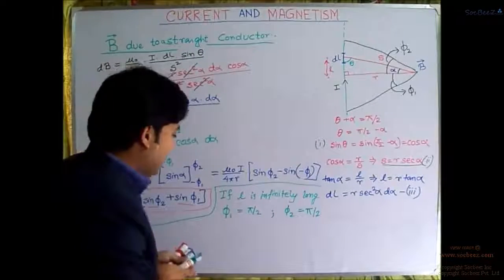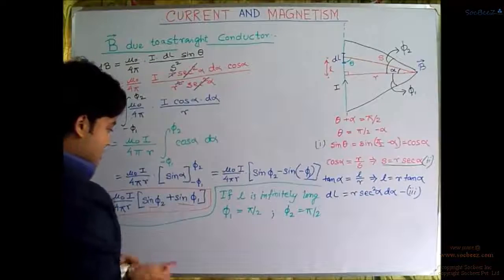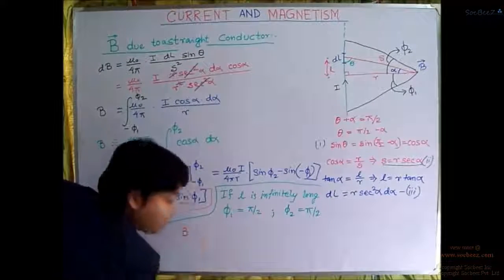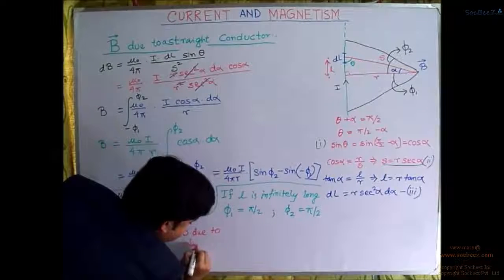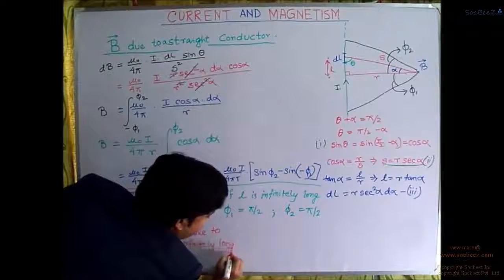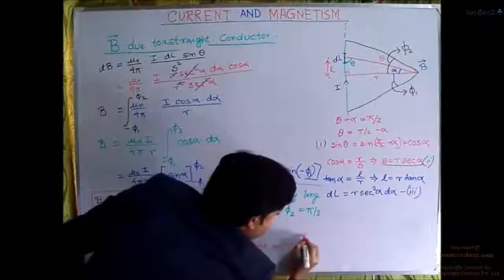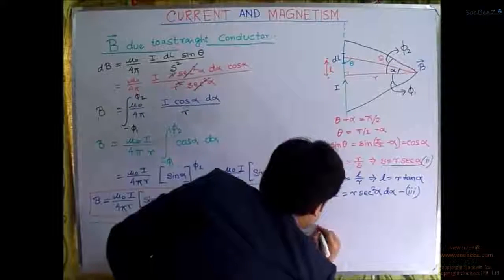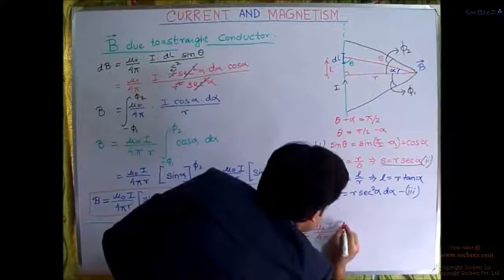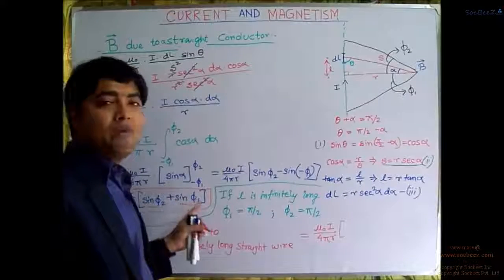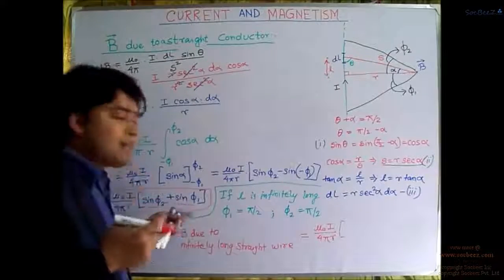Now let us apply this value of phi 1 and phi 2 in this equation, and we are going to get B due to an infinitely long straight wire as equal to mu naught I divided by 4 pi r multiplied by sine of phi 2 plus sine of phi 1, meaning sine of pi by 2 plus sine of pi by 2, which means 2 multiplied by sine of pi by 2.